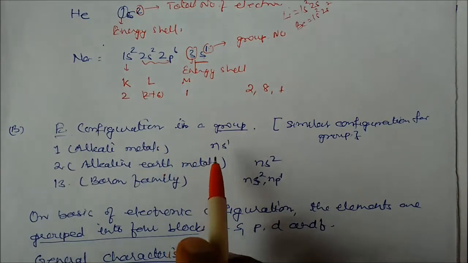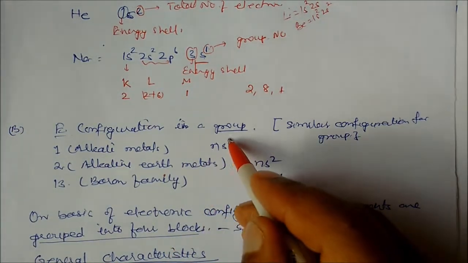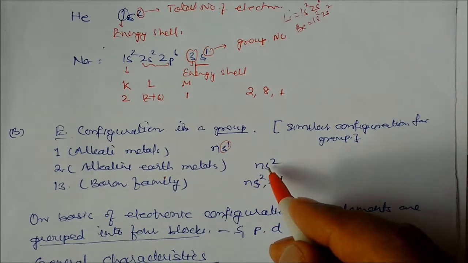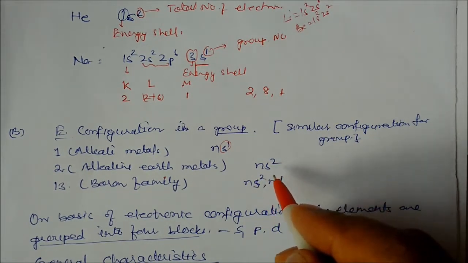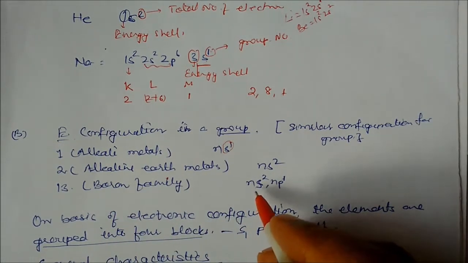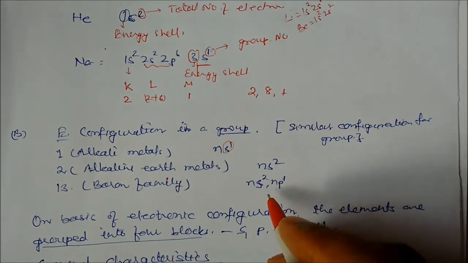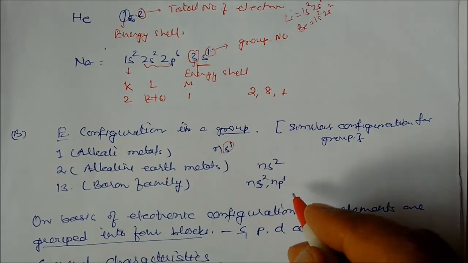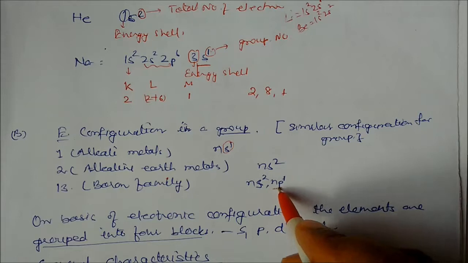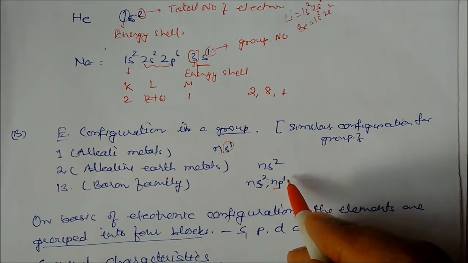This determines the group number. For alkaline earth metals, it is ns2: 2s2, 3s2, 4s2, 5s2. Like the boron family, it will be 3s2, 3p1, then 4s2, 4p1, 5s2, 5p1. Like this the series goes on. So p1 determines group number 13.